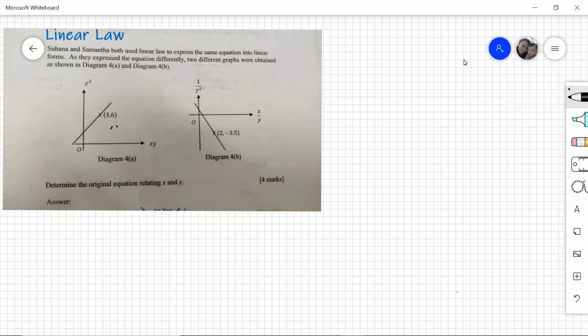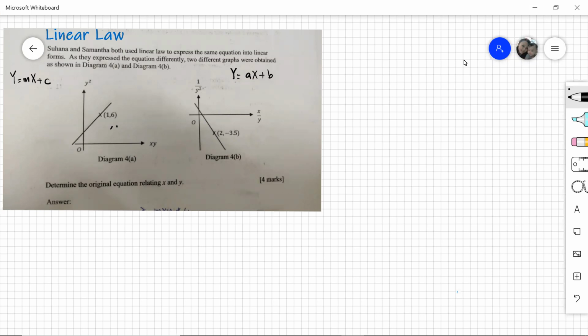No matter how we change it, they will always obey the rules of linear law, that is y equals mx plus c. And the other one can also be written as y equals mx plus c, but we want to differentiate the m and the c for these two different graphs. So I use a to represent the gradient and b to represent the y-intercept.